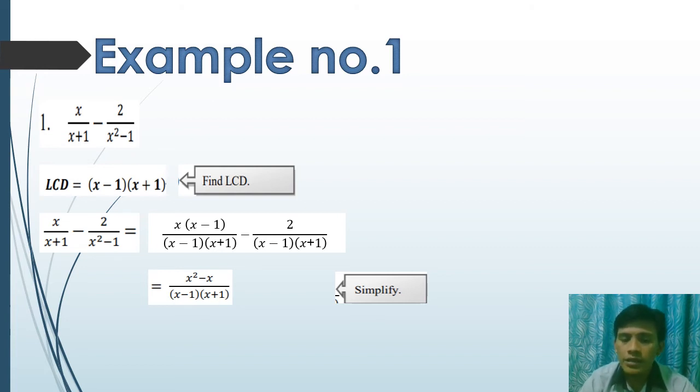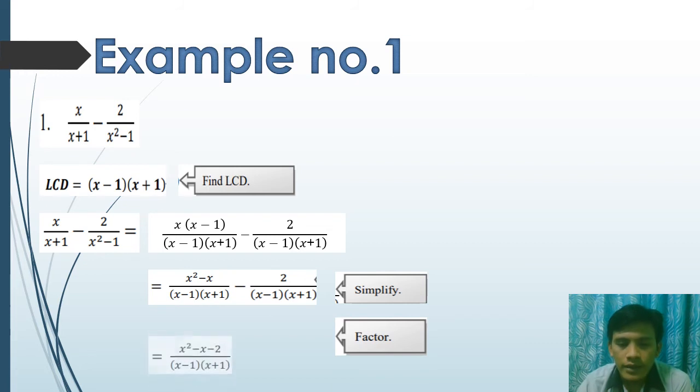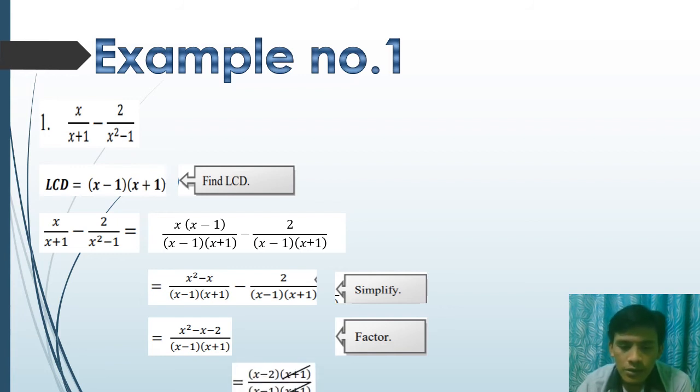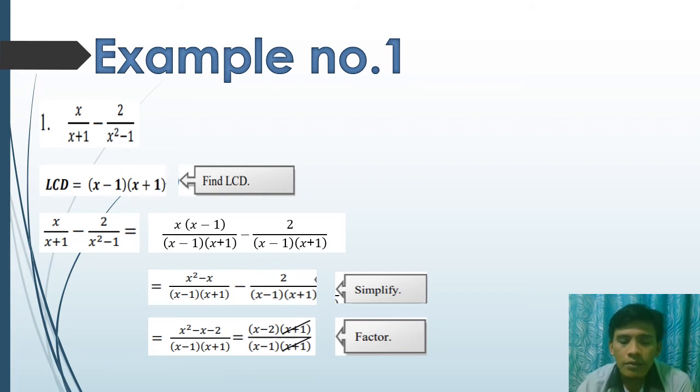So we have x squared minus x minus 2 over the quantity x minus 1 quantity x plus 1. x squared minus x minus 2 can be factored into the quantity x minus 2 times the quantity x plus 1, over the quantity x minus 1 quantity x plus 1. x plus 1 over x plus 1 is equal to 1, so cancel out.